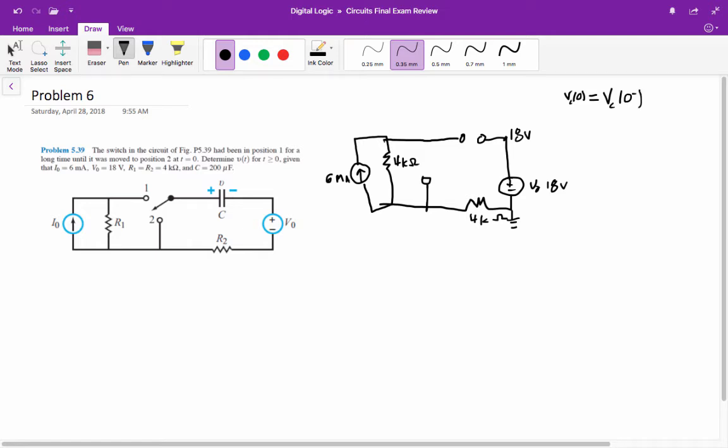So this side is at 18 volts. Now we need to figure out what this side is. The only current that is running is right here. So that's our current, and since there's no current here, this is also at ground. Nothing is happening here.